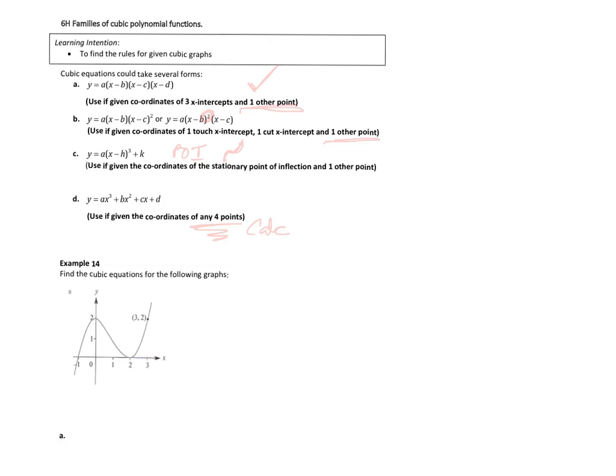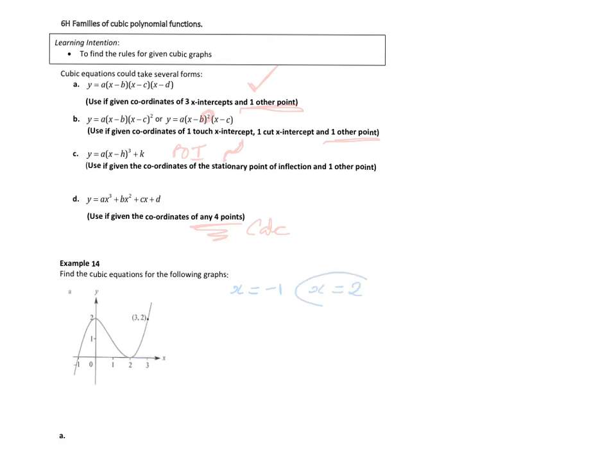So let's have a look at the first example here. We are going to find the cubic equation for the following graph. So what information do you have? Okay, well, you have two x-intercepts. You have x equal to -1 and you have x equal to 2.